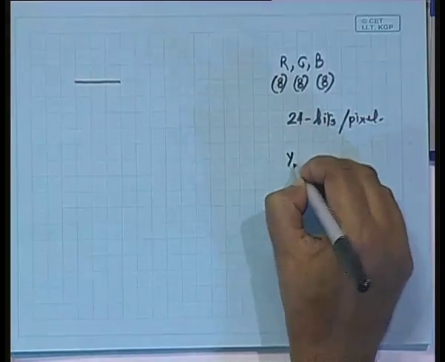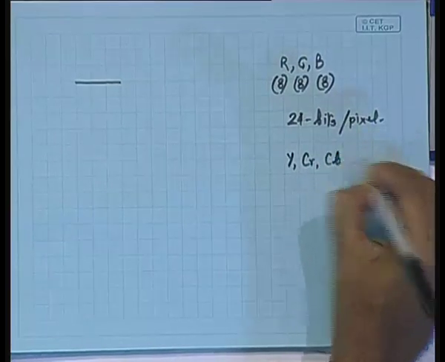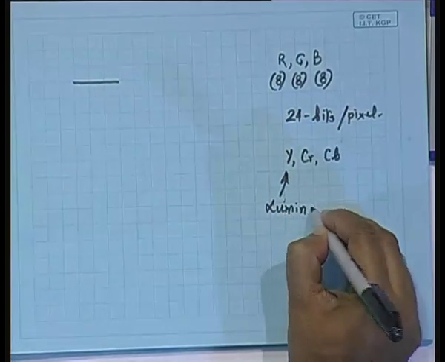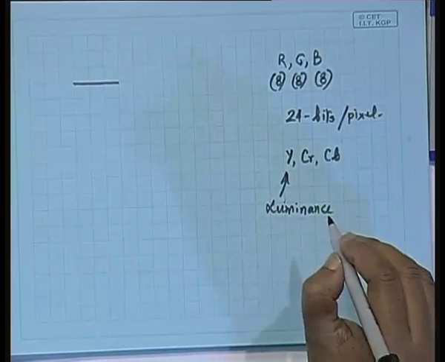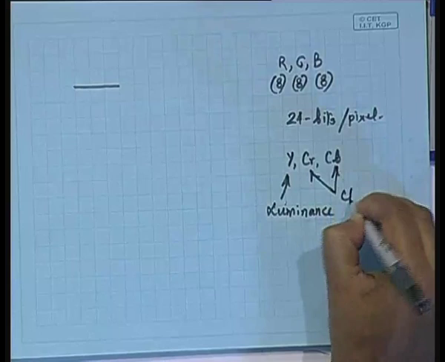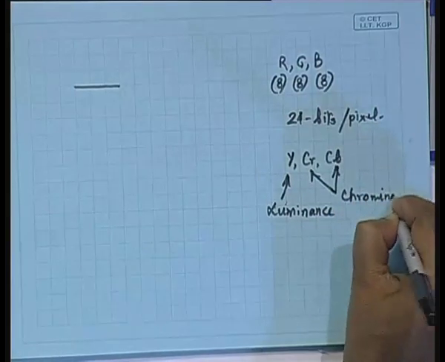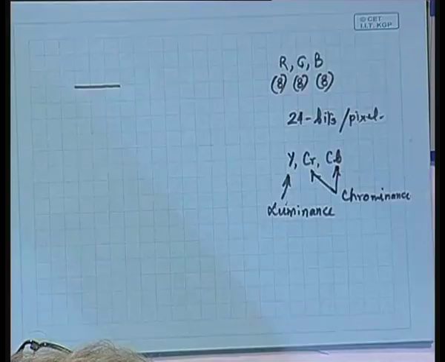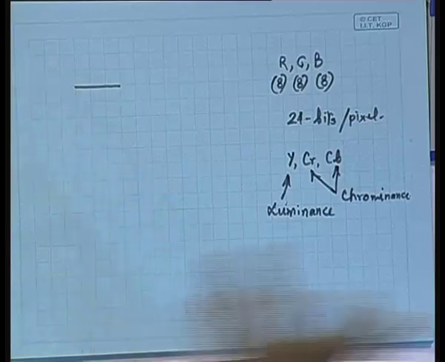Now, there is an alternative representation, the YCrCb structure, where Y is the luminance, which indicates the intensity values, and Cr and Cb indicate the chrominance values. The advantage of the luminance-chrominance representation is that it keeps the intensity and the color parts as separate ones.